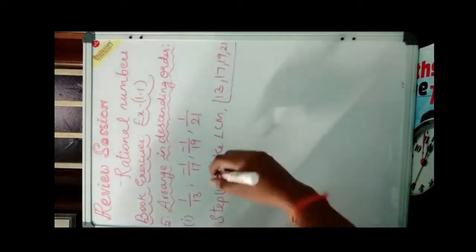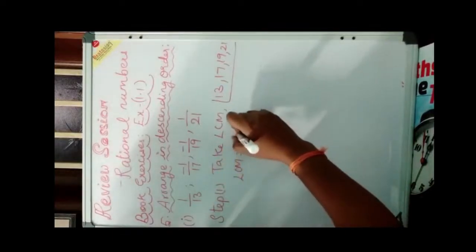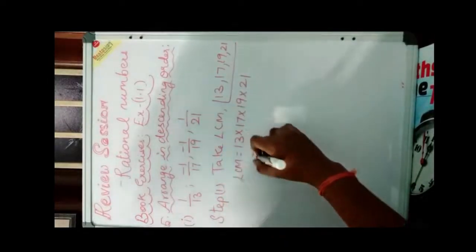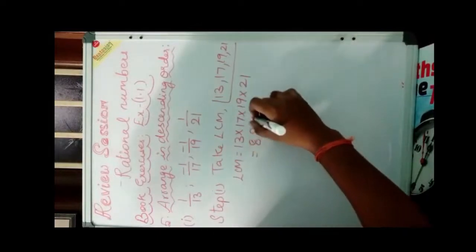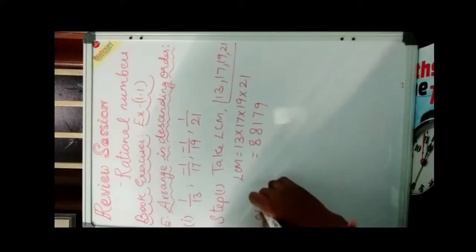So it is not possible for you to take LCM. So the only way that you need to do is you need to multiply. So there is no other possibility. So if you multiply, you will get 88,179. Okay, so there is no other go, we need to go for multiplication.